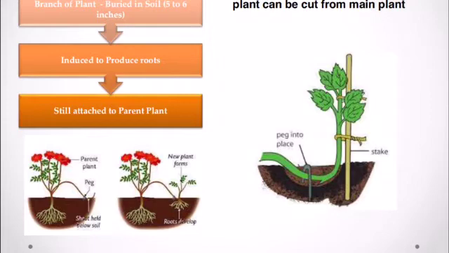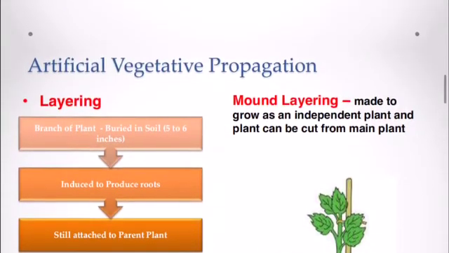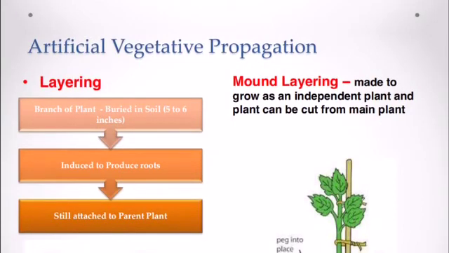Okay. So layering is done in two common ways. So two ways are there. I will show you what the two ways are. First is mound layering, and second is air layering.